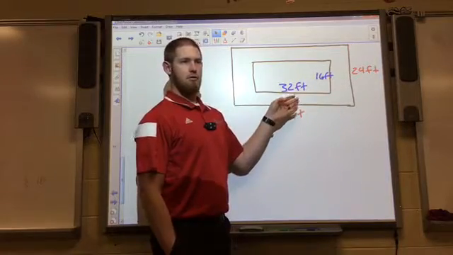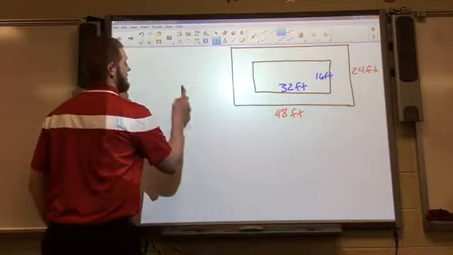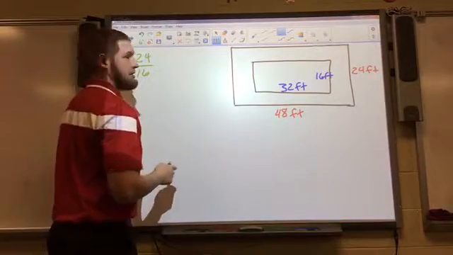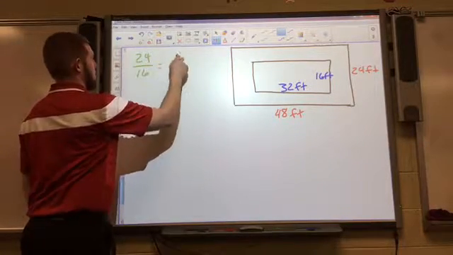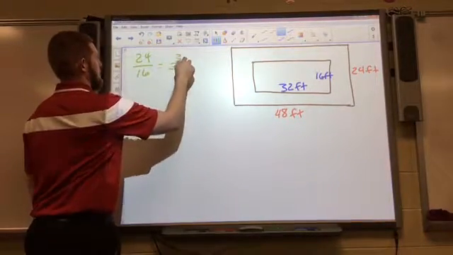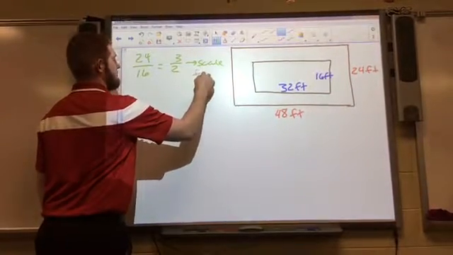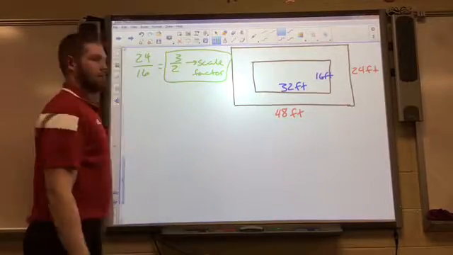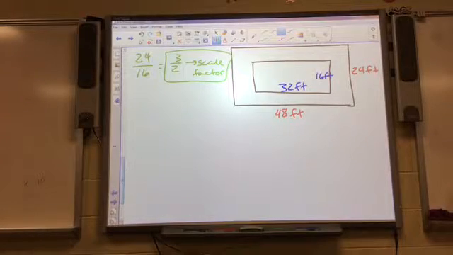Is it going to matter? Not if they're similar. It's not going to matter. I would choose 24 and 16. So I'm going to do 24 over 16. What can I take out of both of those? An 8, and I get 3 over 2, which is now my scale factor, right? So there's your scale factor right there. You just found the ratio of two corresponding sides of similar figures.